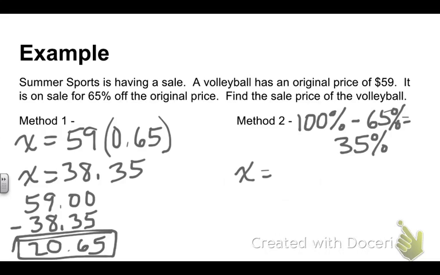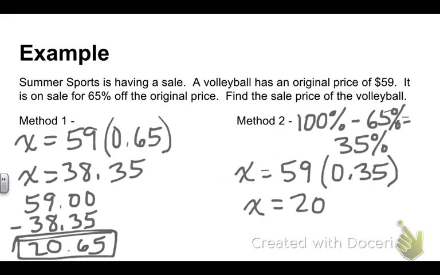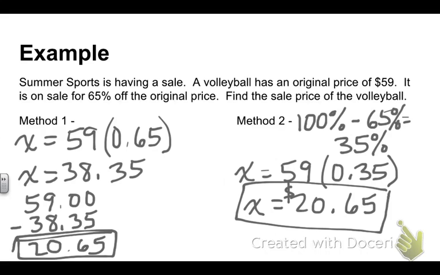To find the price you're paying, $59 times your percent gives you $20.65. Again, it's personal preference which one you use. You could find the discount and then subtract it, or find out what percent you're paying first and then multiply. Two ways to do the same problem.